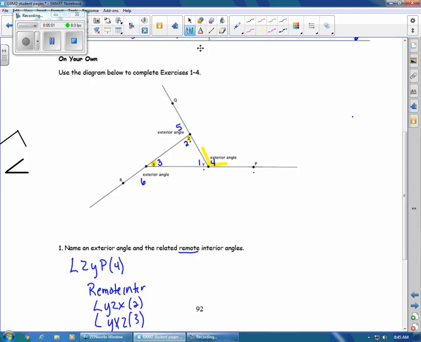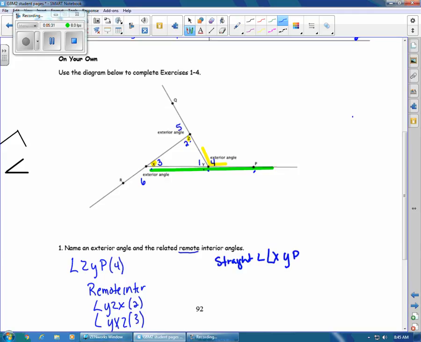Now we're going to look at a straight angle. This is my straight angle that I'm going to focus on right now, and that is angle XYP.